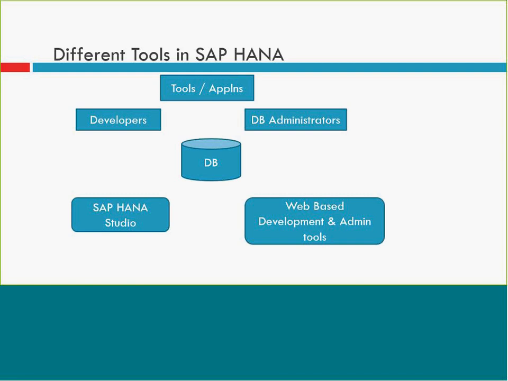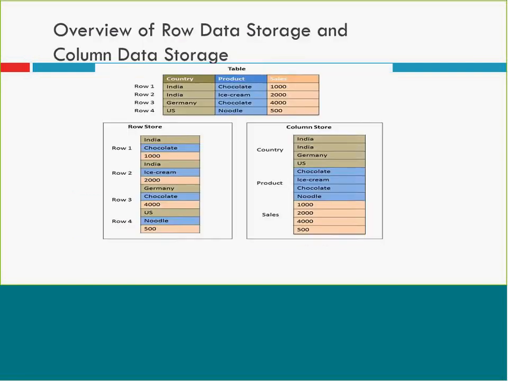More in detail in the coming sessions regarding the perspectives of SAP HANA and what are the components which we use in HANA. Which we learned earlier, it's a row and column based data storage, right? So here, what is row storage versus column storage?